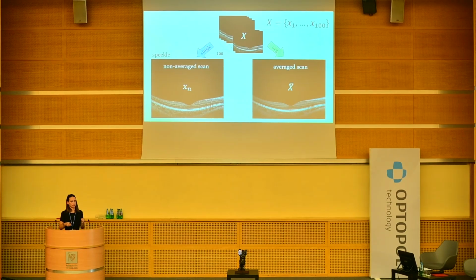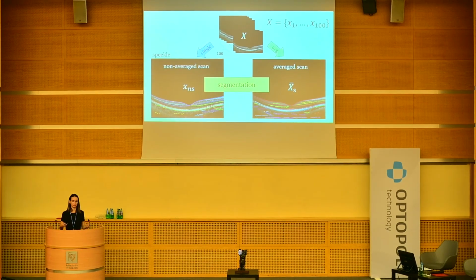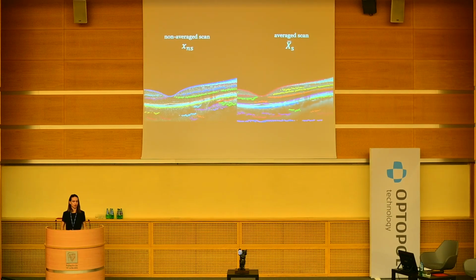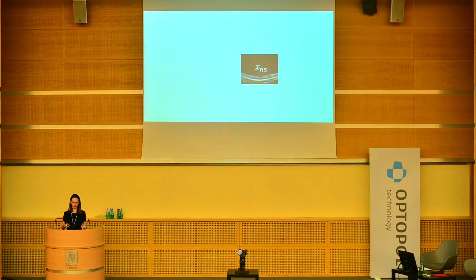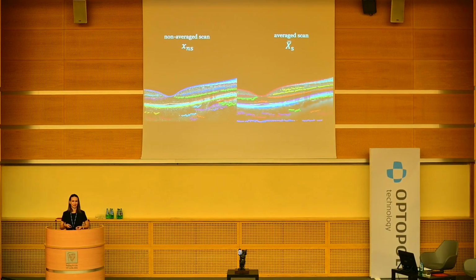And the second choice can be averaging the set of X and performing one individual result for segmentation. After performing the segmentation with these two approaches, you can see that the results differ from each other. And the thesis is that the non-averaged scan obtains better results.